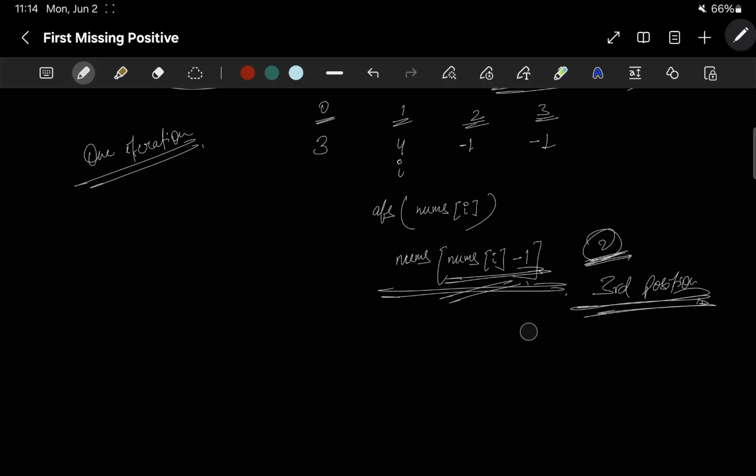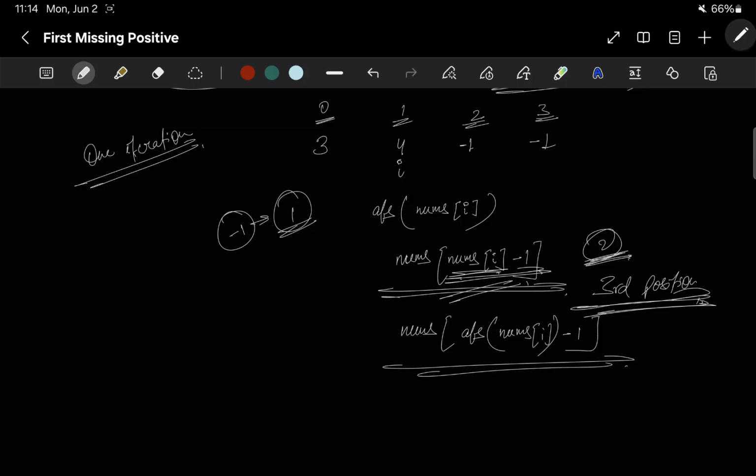So that's why, whenever we get our element, we first take the mod of it. Means when we get minus 1, we will instead make it plus 1 temporarily, and then we will find nums[abs(nums[i]) - 1].